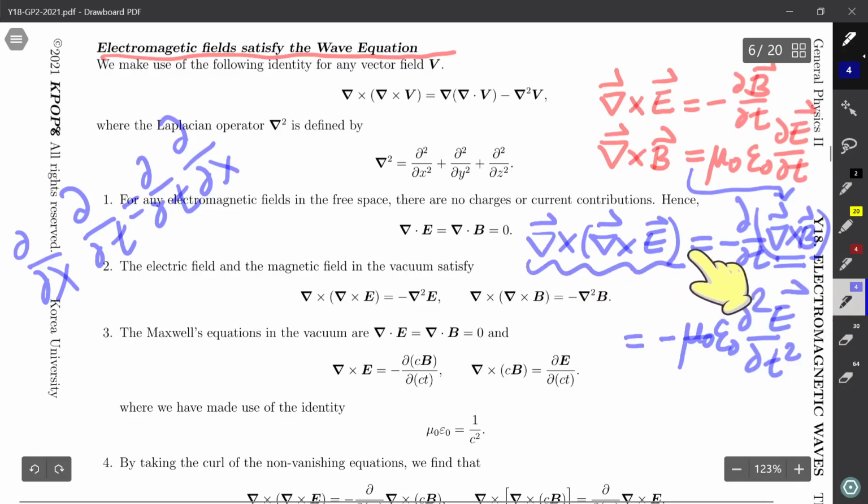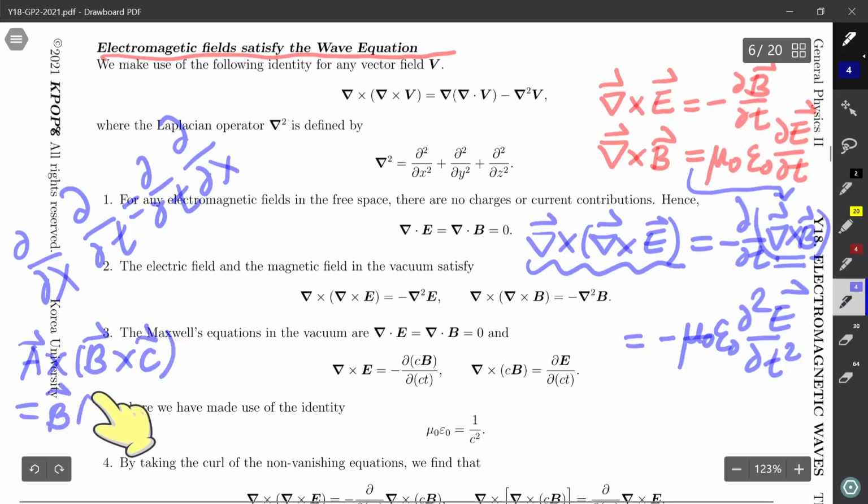And what about this? We remember the BAC-CAB rule. A cross B cross C, BAC-CAB rule.